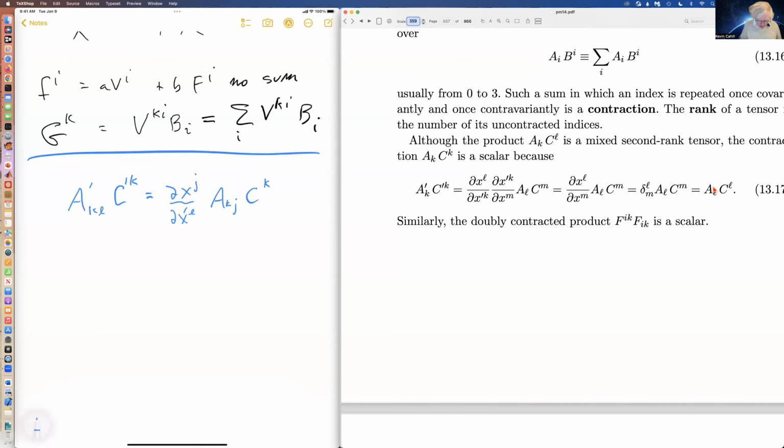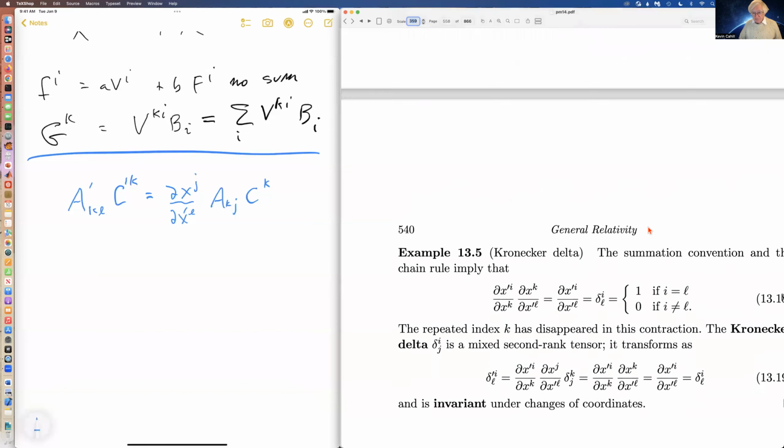And that's all we'd have to do. We wouldn't have to transform in this way the other indices, because these indices are inert, because we're summing from 0 to 3 and they're equal. Similarly, the Maxwell tensor of electrodynamics, F_ik, if you have two upper indices, two lower indices, and you sum over them from 0 to 3 on I and 0 to 3 on K, you have a scalar.